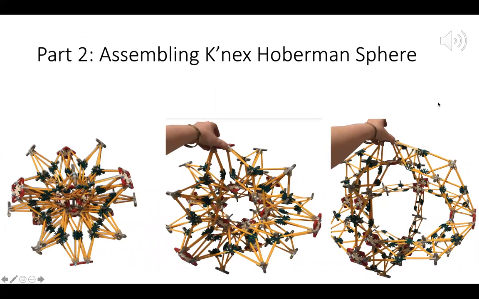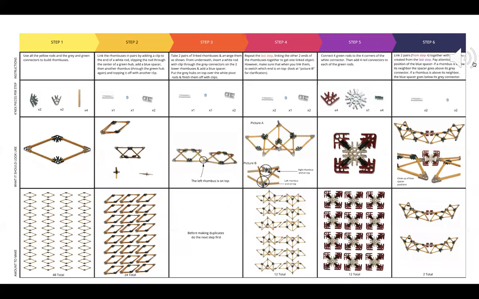Part 2 of my project was assembling a Canucks toy Hoberman sphere. To do this, I followed a tutorial I found online. And so basically, through this sphere, I gained knowledge in how the scissor hinges actually join together, and how they are joined together through both 2D hinges and 3D hinges.